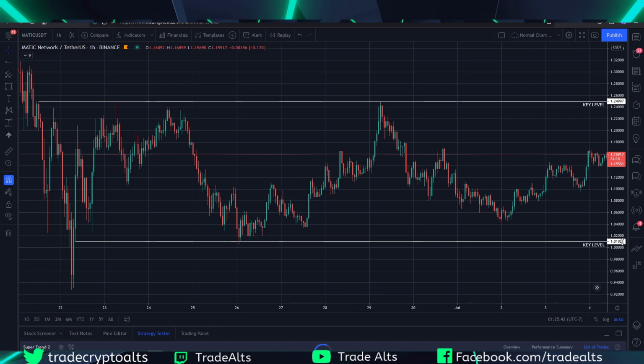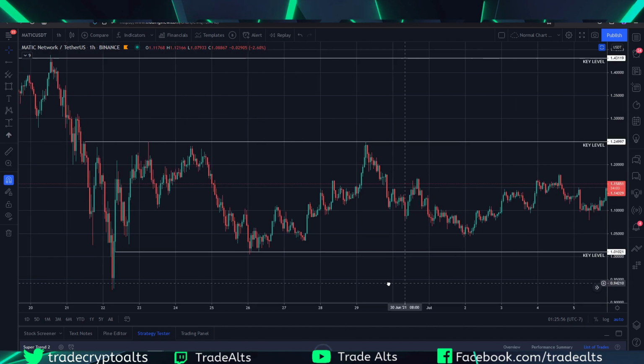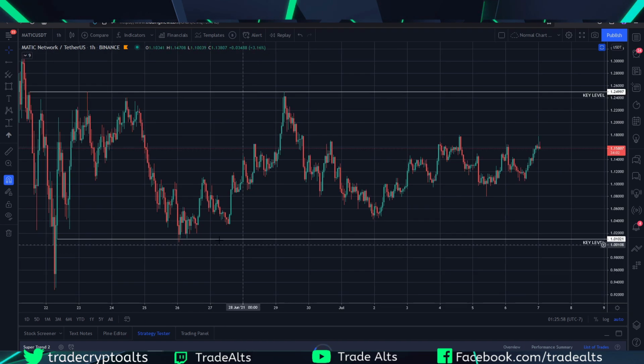Very, very close to a psychological $1 level. It's a nice even round number, right? $1. It's a very important psychological level. So this gives me added confluence that this level is likely to be very important. Now, it also hasn't had as many touches. So if price does come back down, I would venture a guess that you could see a nice bounce off of this level if it's retested.